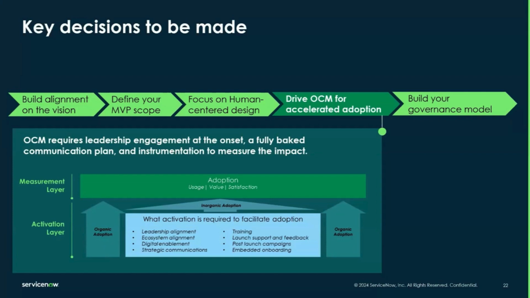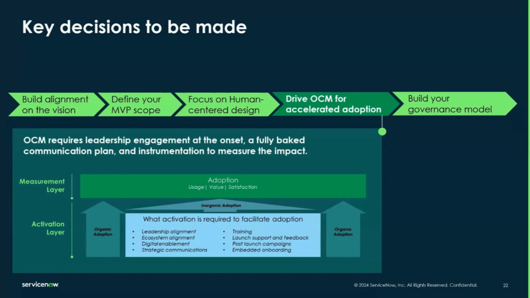That's why it's crucial to have a solid OCM strategy in place. It'll help you navigate the challenges of change and ensure your Employee Center implementation delivers the value you're aiming for. So, as you plan your implementation, make sure you're giving OCM the attention it deserves. It could make the difference between a successful rollout and one that struggles to gain traction.